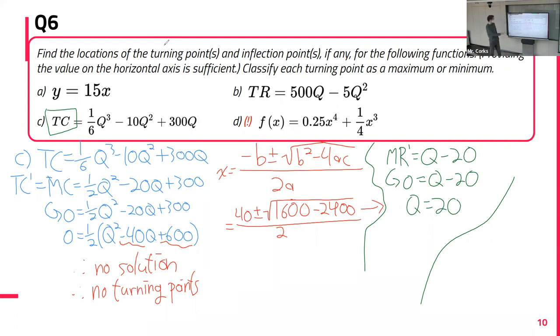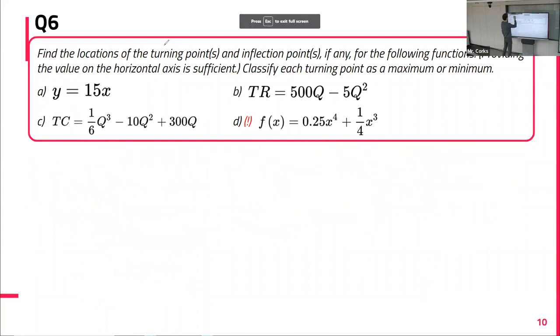Anyways, so that's this one, and we can look at the last one here, D. I'm not going to write out the original function. Let's just go first straight to our first derivative, which is x cubed plus 3 over 4 x squared.